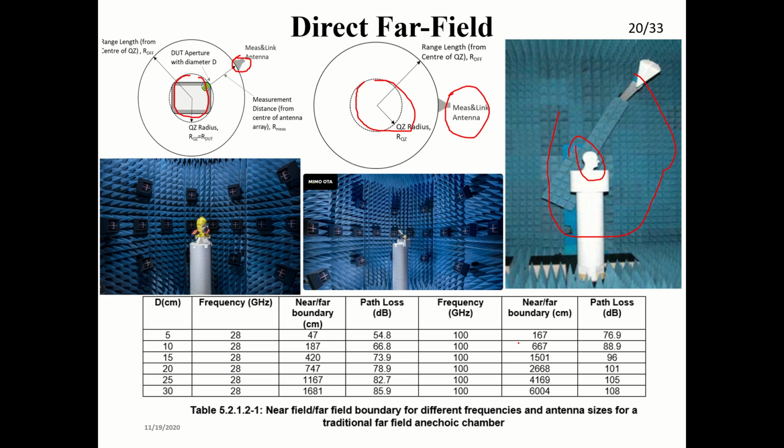And these are some of the path loss calculations. I have mentioned that we have to calibrate the setup before we move on. For example, if your DUT size is 5 centimeters, then at this frequency range the near field to far field boundary is 47 centimeters, and the path loss will be approximately this. At a different frequency, say 100, the boundary and the path loss will be different. This is a rough estimate they have made.